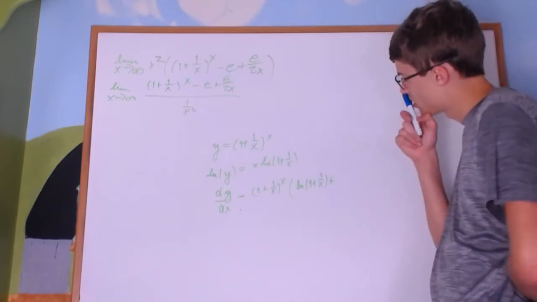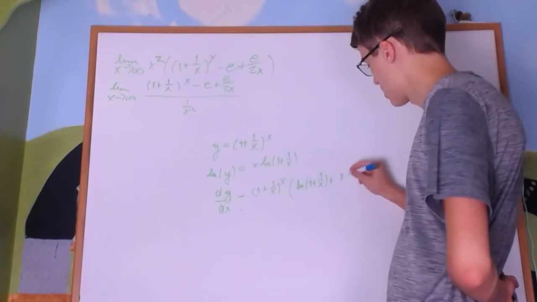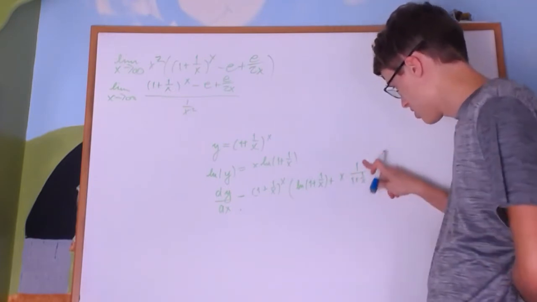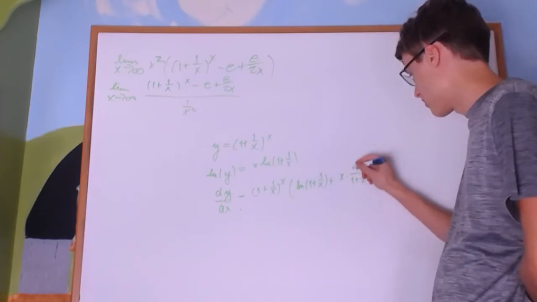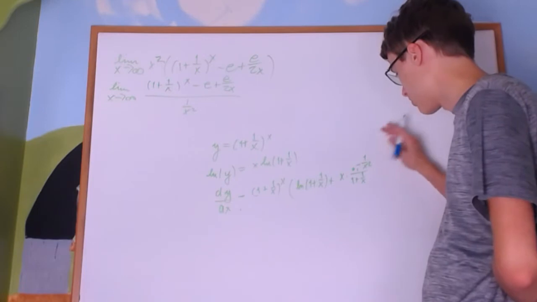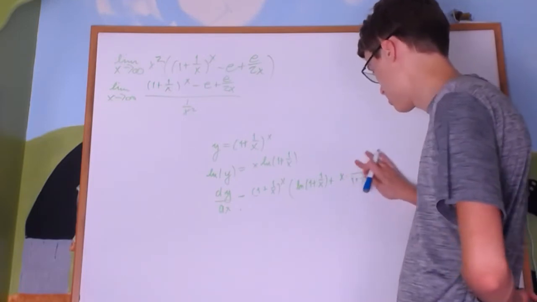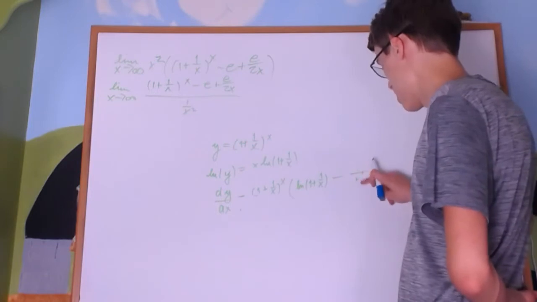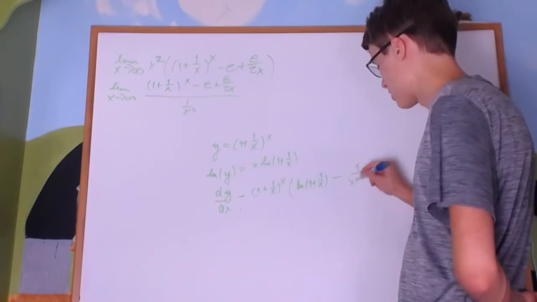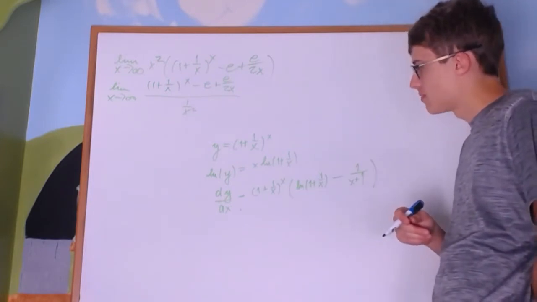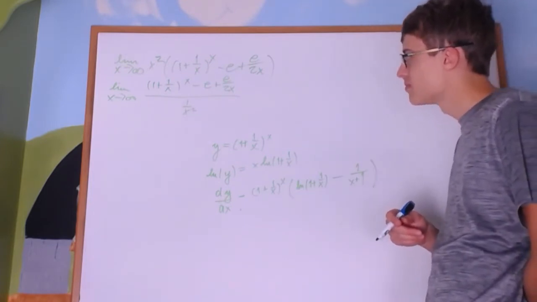Derivative of that. X times 1 over 1 plus 1 over x. Multiply the top by derivative of that. It's negative 1 over x squared. It's negative 1 over x. This is a negative. Then a 1 over x plus 1 there. Alright.